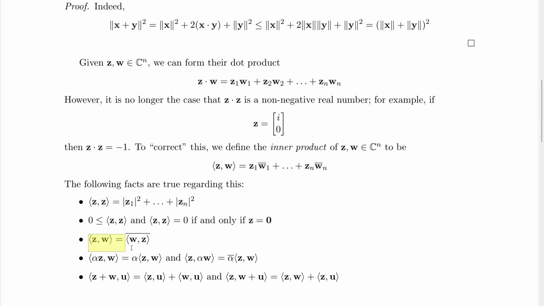Note we lose the symmetry. Sort of. We still have it, but then you have to be mindful of the conjugation on the second component. So you don't have full symmetry. What you have is what's known as conjugate symmetry. Now, note that doesn't affect the addition, distributivity. The sum of elements and then inner product will distribute accordingly, the same way dot products do.